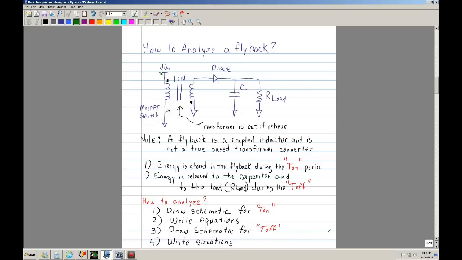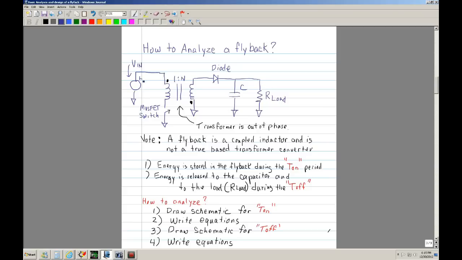Right here I have a little terminal, but I can go ahead and put a voltage source here, connect it and just name this Vin.